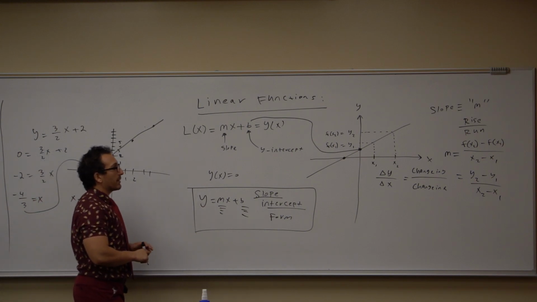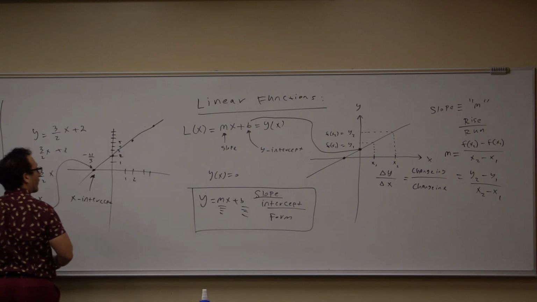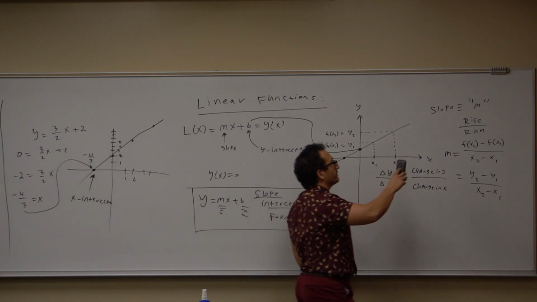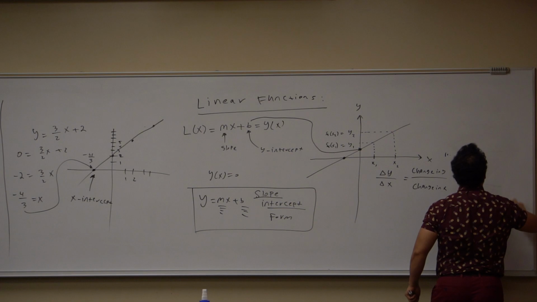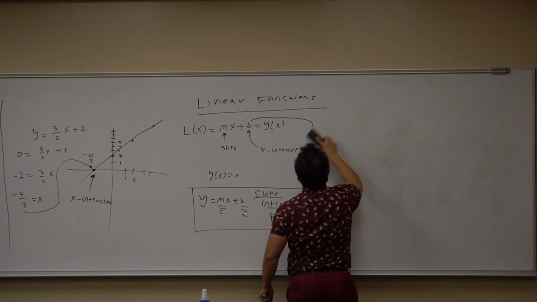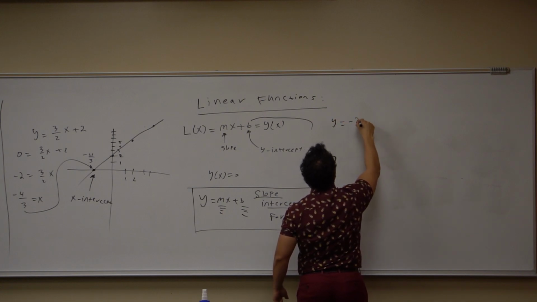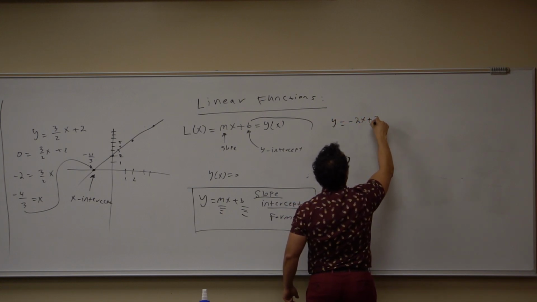Let's do one more example, and then in the next video we'll be talking about another form of lines. One more example here. Let's do the line y is equal to negative 2x plus 3.